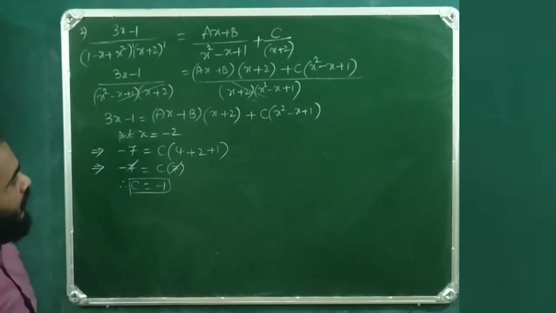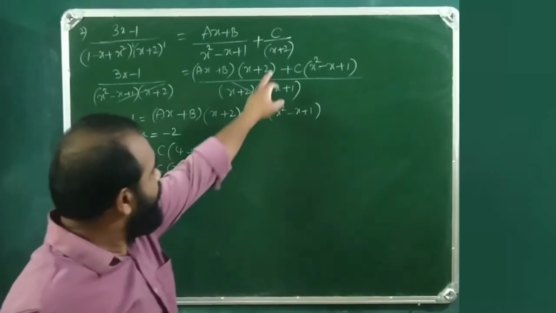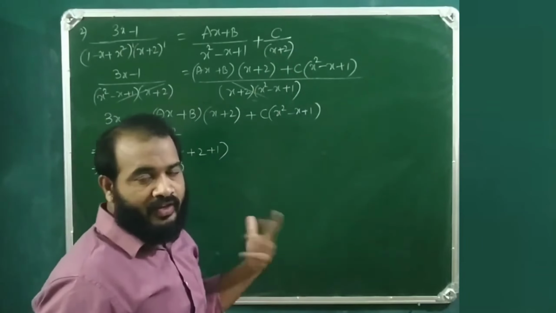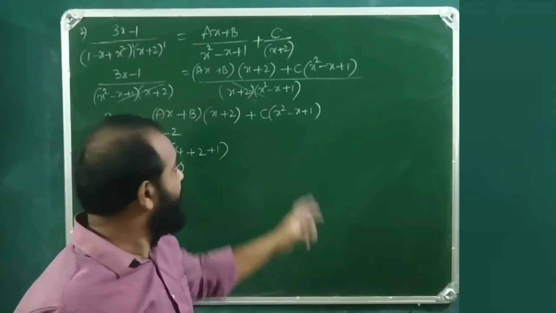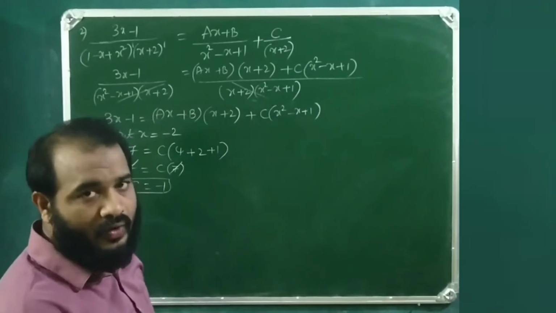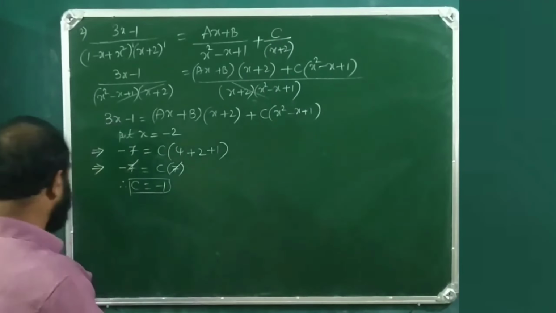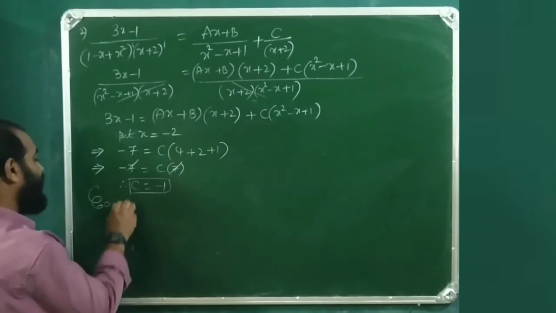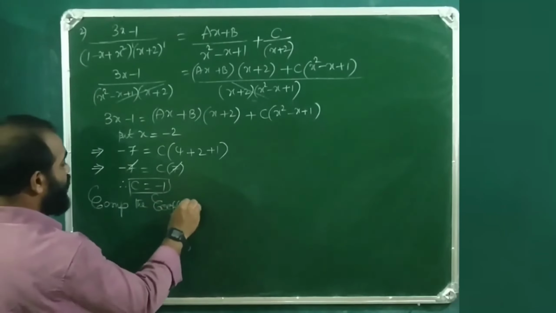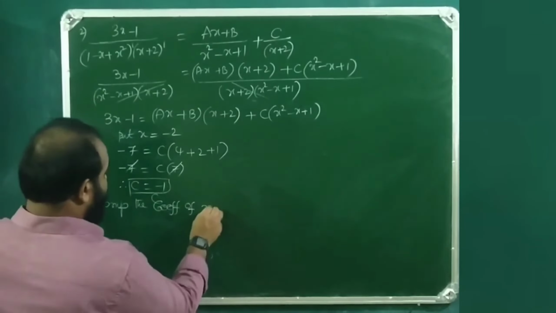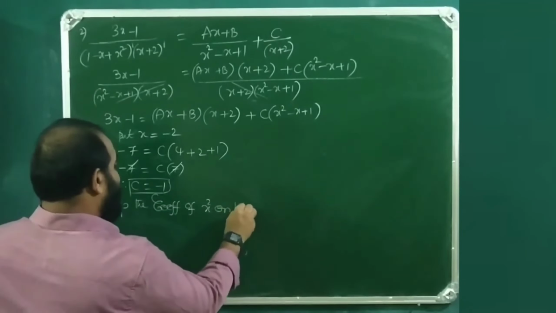Now we don't have further linear factors. Therefore we cannot take any value for x other than x equals minus 2. Now comparing the coefficients. Comparing the coefficient of x square on both sides.